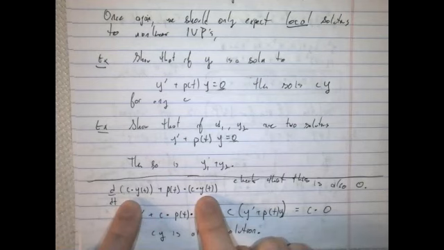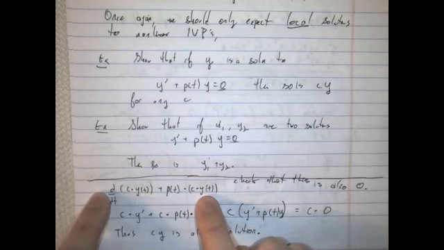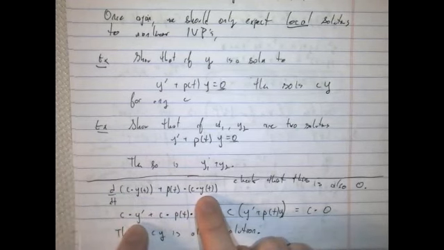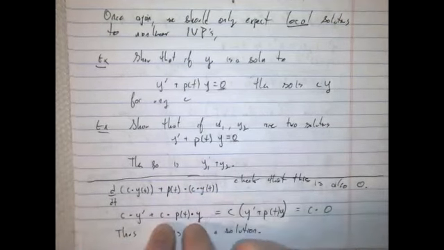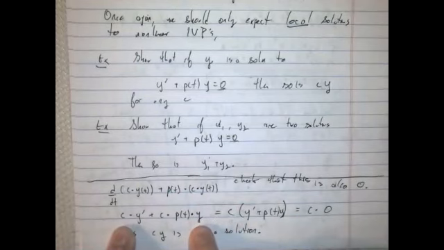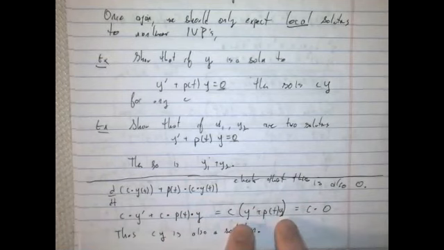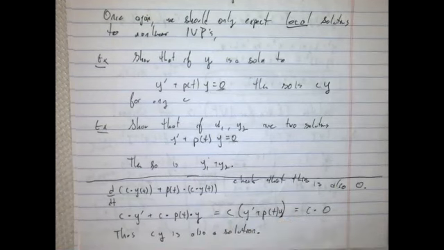Yeah. So constants pull out of derivatives. So I get c times y prime. And constants pull out of multiplication too. So I get this. Now do you agree that this is equal to this by factoring out a c? Yeah. So is that okay? Yeah. Okay.